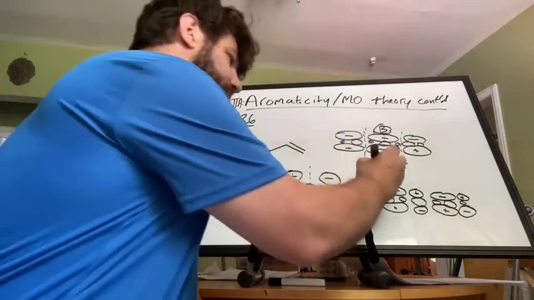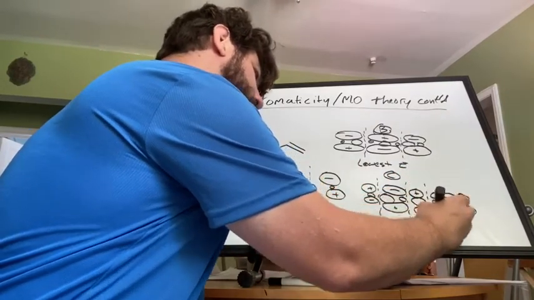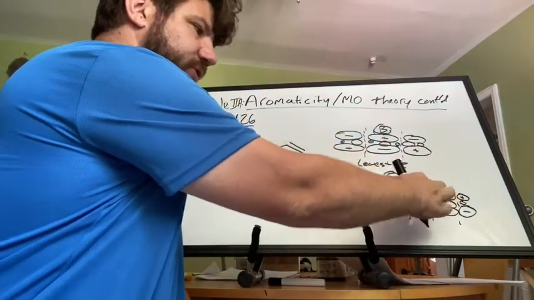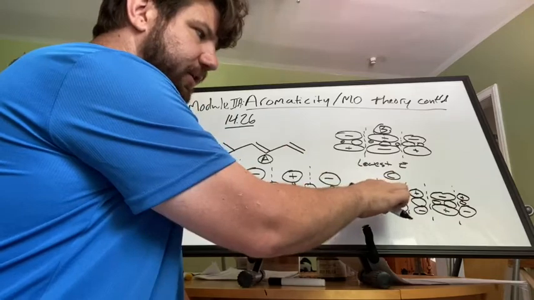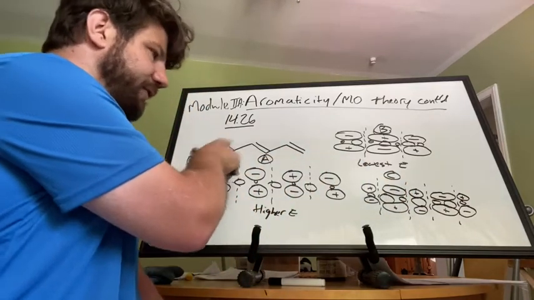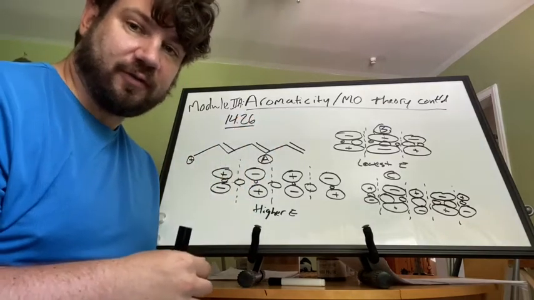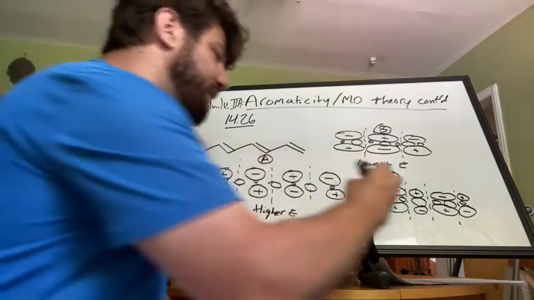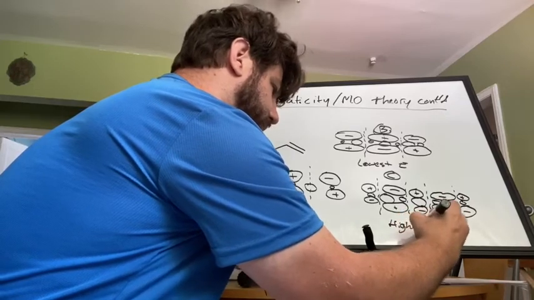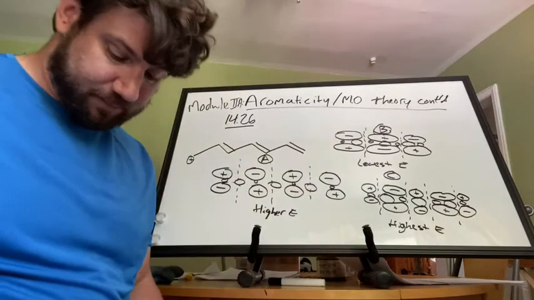So now in total there are going to be 4 nodal planes. So where you see here where there's 2 nuclei in agreement here and 2 nuclei in agreement here, that would mean that between this bond and say this bond, you would have that constructive overlap. Okay. So this is going to be actually highest in energy. Okay, so this would be middle, and this would be lowest energy.